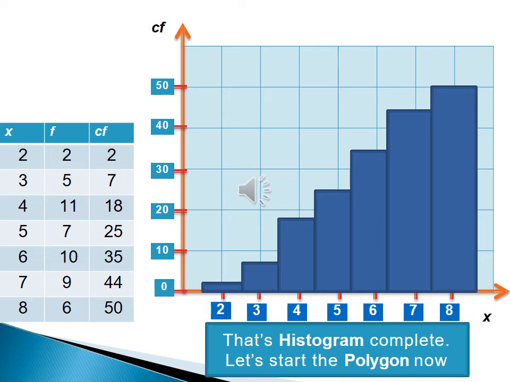Then for 3 we have a value 7, so we make a bar up to 7. Then for 4 we have a value 18, so we make a bar up to 18. Similarly for 5 we have a bar up to 25. For 6 we have a bar up to 35 because the cumulative frequency is 35. For 7 we have a value up to 44, and similarly for 8 we have a value 50. This makes our histogram complete.